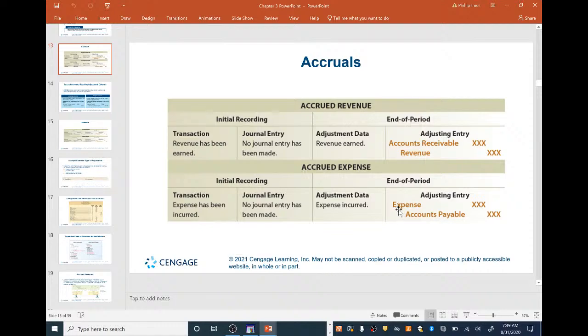Then we haven't paid him yet, so we want to set up an accounts payable, which is incurring a liability. This is a balance sheet account. It's increasing. Remember, accounts payable is a liability. Liabilities are credit balances, so we want to increase it, credit it. Once again, we've incurred an expense and debit it to increase it. Affects your income statement. Then we want to credit accounts payable because we're going to pay them at a later date. Okay, so once again, that's increasing our liabilities. Balance sheet account.